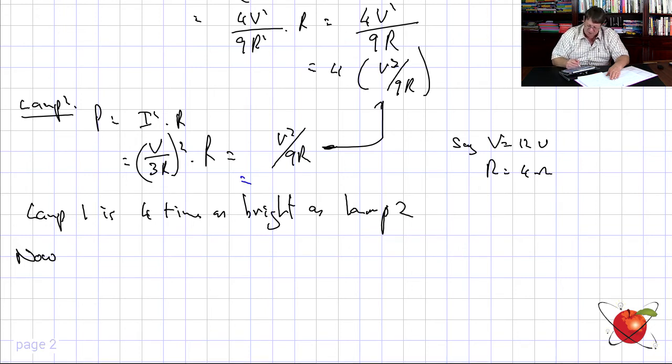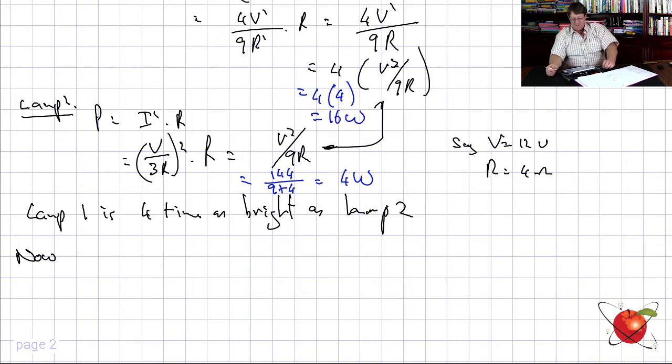The power here is V squared over 9R, which is going to be 144, 12 squared, over 9 times 4, which is going to be 4 watts. The power at the top here is going to be 4 times 4, which is equal to 16 watts. Okay? Can you see 16 watts, 4 watts?